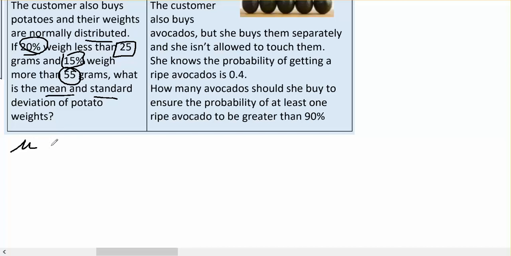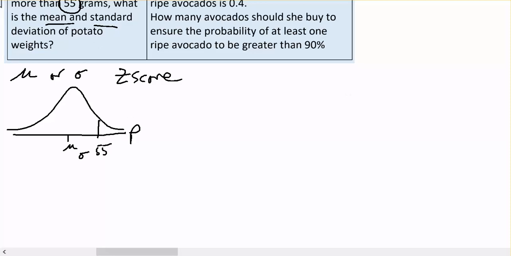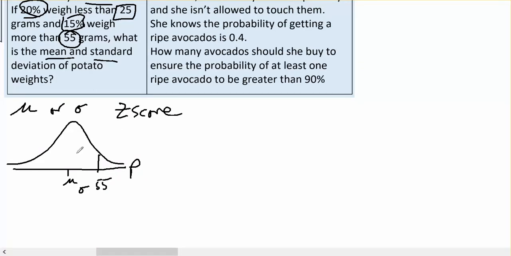So to find the mean or the standard deviation or both, we have to use the z-score. So what I'm going to do is I'm going to draw my potatoes, and it's normally distributed. I don't know the mean and I don't know the standard deviation, but I do know that 0.15 weigh more than 55, and 20% weigh less than 25.